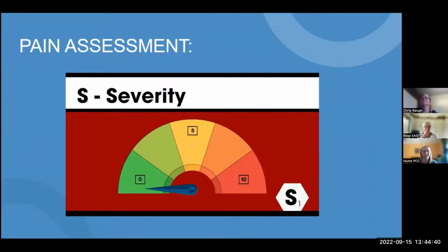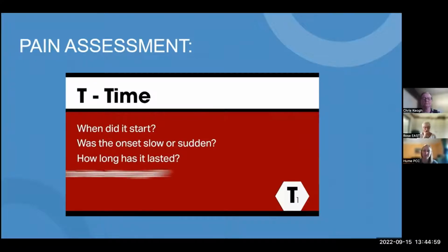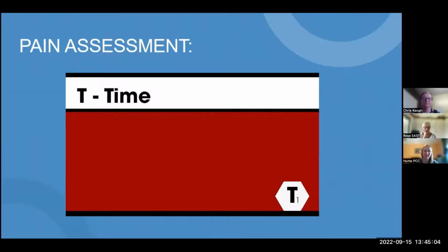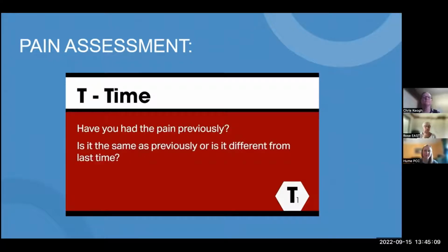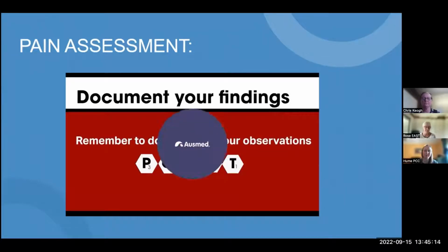S for severity. Ask the patient to rate the pain on a scale of 0 to 10, where 0 is no pain and 10 the worst pain imaginable. T for time. Ask the patient, when did it start? Was the onset slow or sudden? How long has it lasted? Is it a constant or an intermittent pain? Does it come and go? Have you had the pain previously? Is it the same as previously or is it different from last time? And remember to document all your observations.